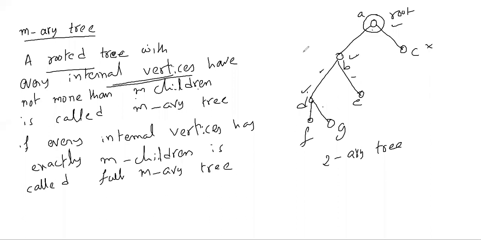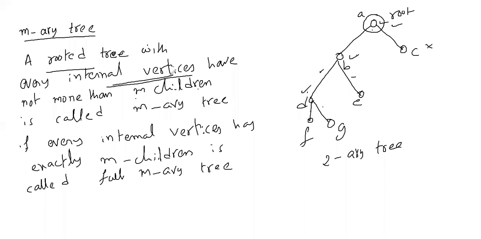Okay. So now we will see examples like this. A rooted tree with every internal vertex having not more than m children is called an m-ary tree. When you discuss these things, you have to know the definitions properly. Rooted tree means one vertex is designated as a root.